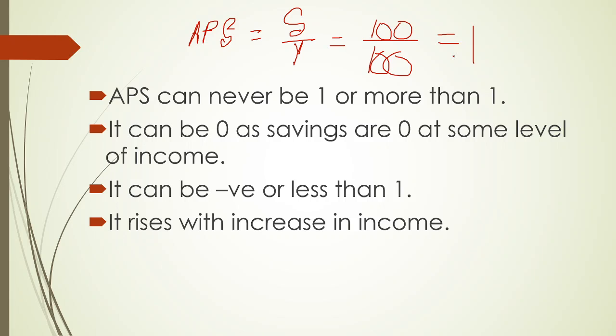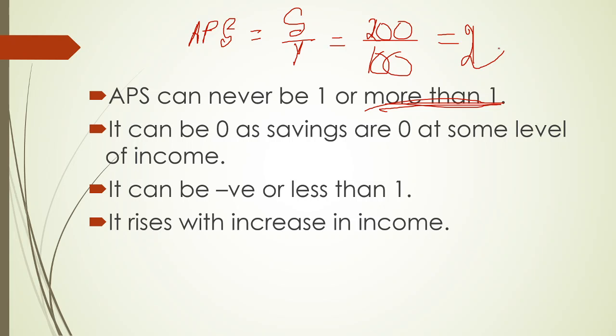For APS to be more than 1, saving should be more than income, and that cannot happen. I hope it is clear to you.